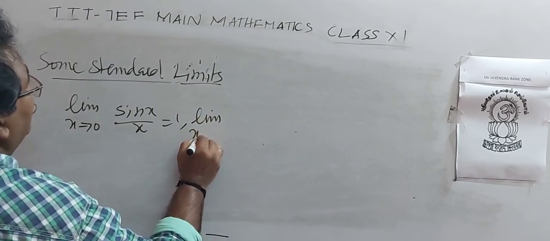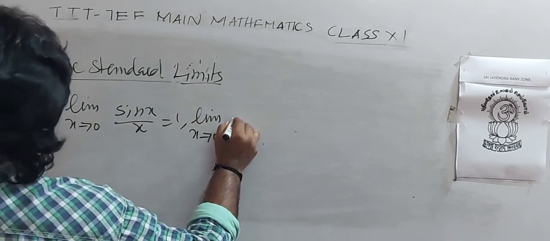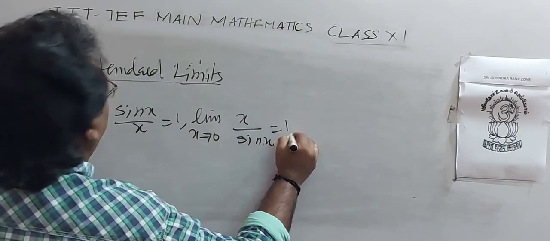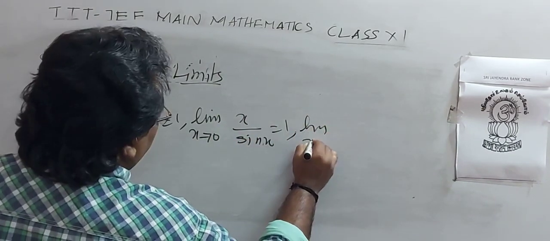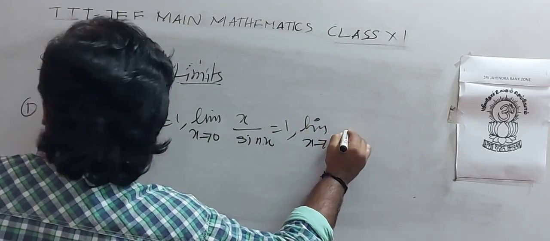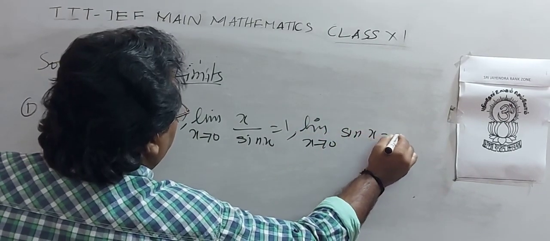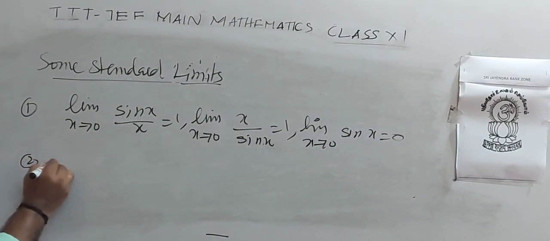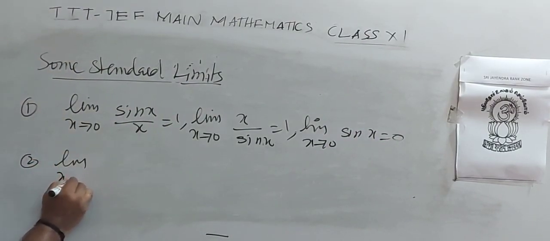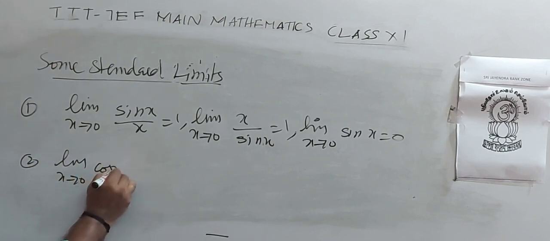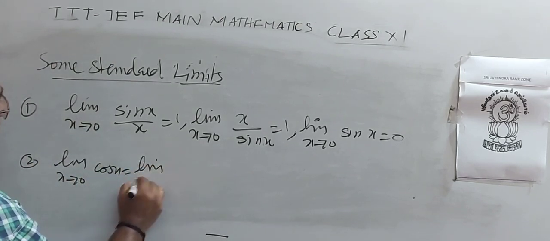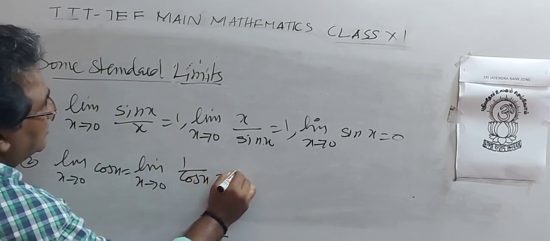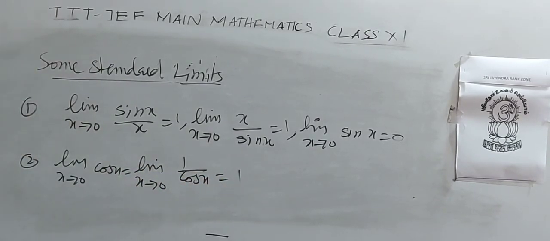Limit x tends to 0 of x by sin x equals 1. Limit x tends to 0 of sin x equals 0. Limit x tends to 0 of cos x equals limit x tends to 0 of 1 by cos x equals 1.